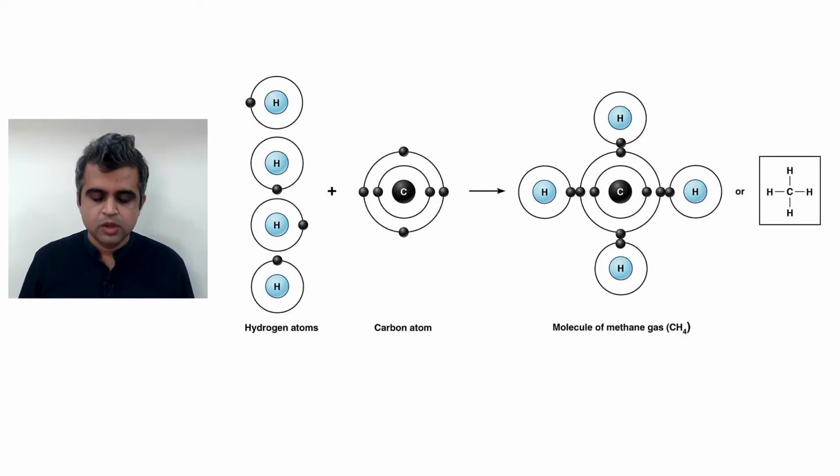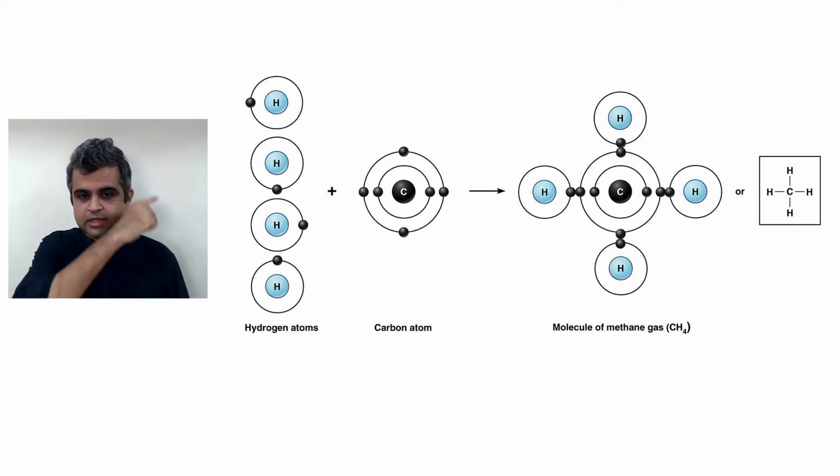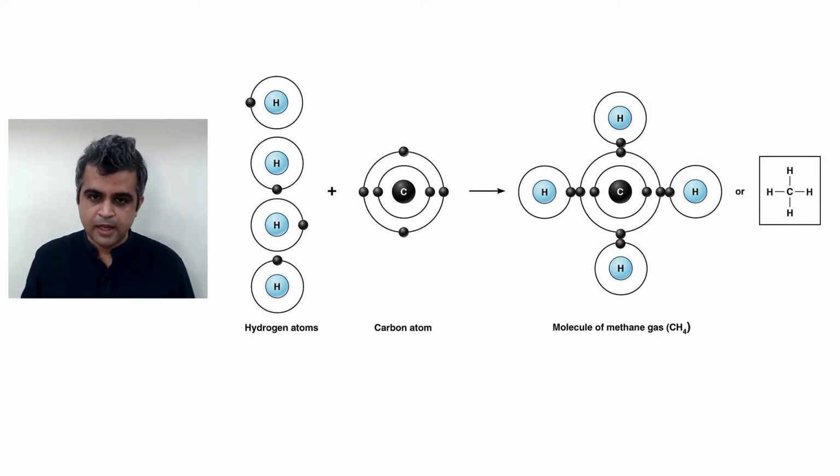If you were to look at this molecule here, you can see that there are 4 hydrogen atoms on this side of your screen, and next to it there is going to be a carbon atom. As we all saw initially, carbon atom is going to have 6 electrons, which means that in its outermost orbit, instead of having 8 electrons, it is going to have 4 electrons.